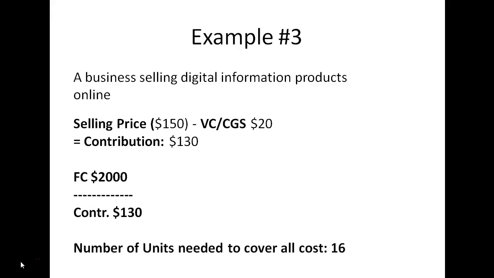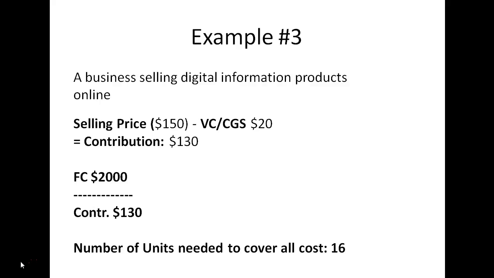The number of units needed to cover all costs is actually 16 units. When we sell 16 units at $150, we're covering all our costs. Obviously, digital products make sense being sold at a higher price if we can get away with it.